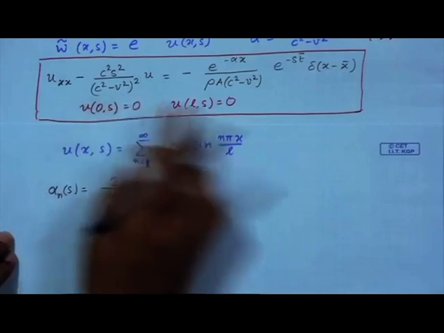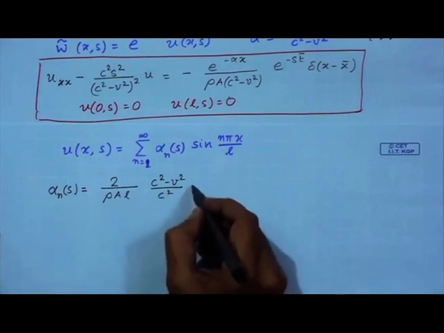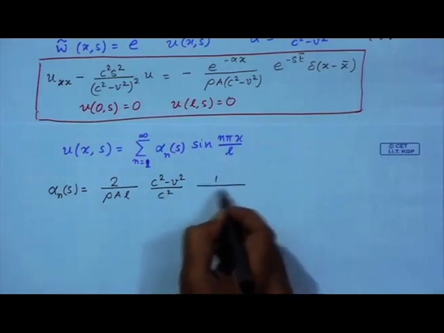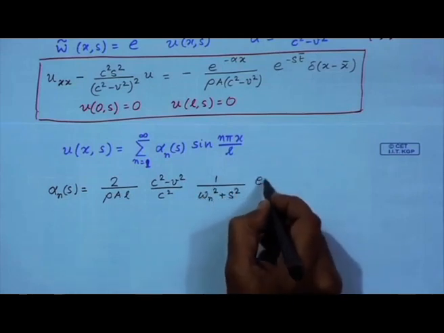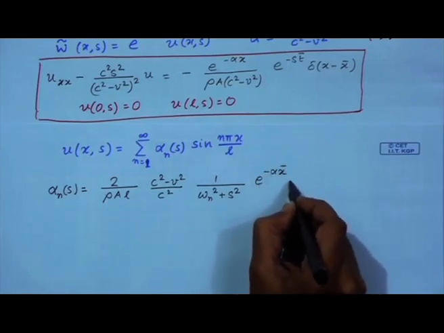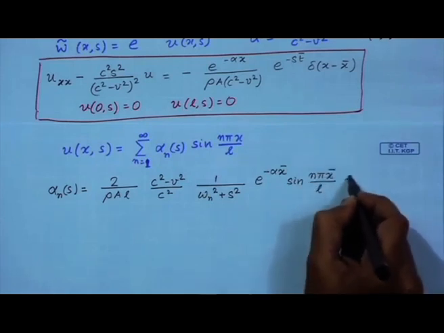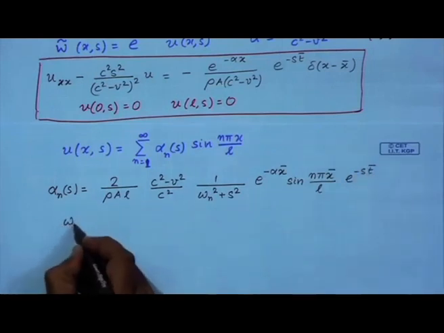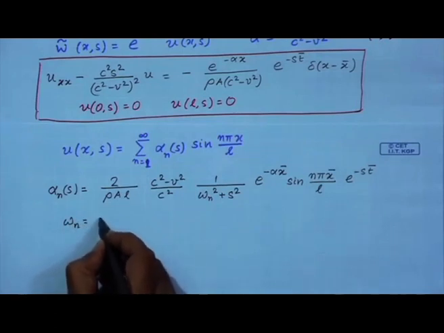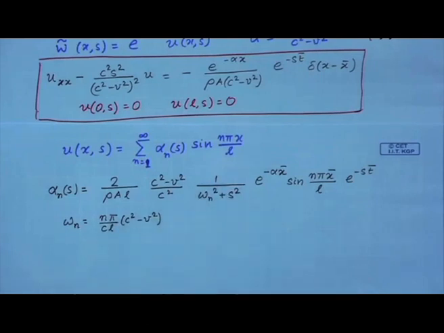So, if you substitute and then take inner product with these eigen functions and finally you solve for alpha n, here omega n are the natural frequencies of the travelling string.